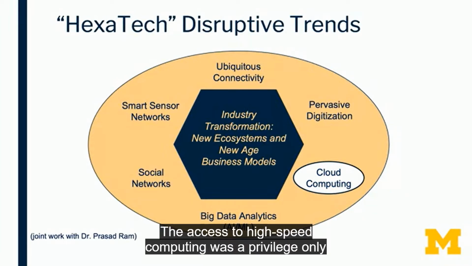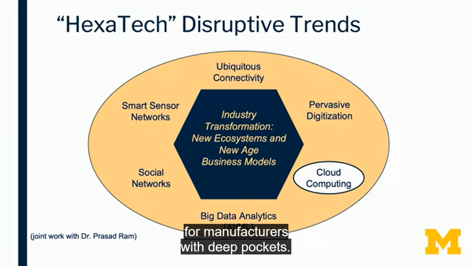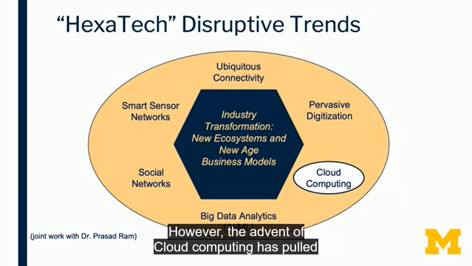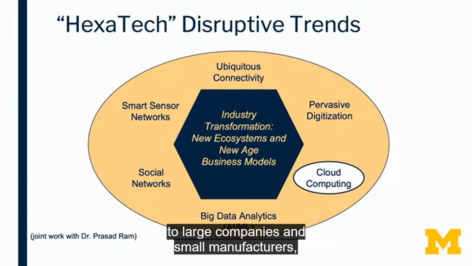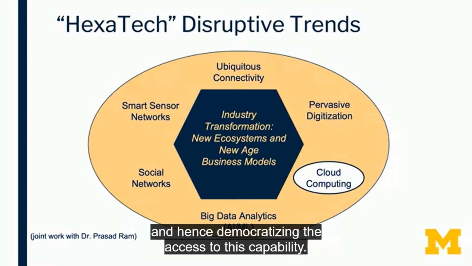Access to high-speed computing was a privilege only for manufacturers with deep pockets. However, the advent of cloud computing has pulled this entire computing capability into a central cloud, both the logic and data, allowing ubiquitous access from anywhere you are, to both large companies and small manufacturers, and hence democratizing access to this capability.